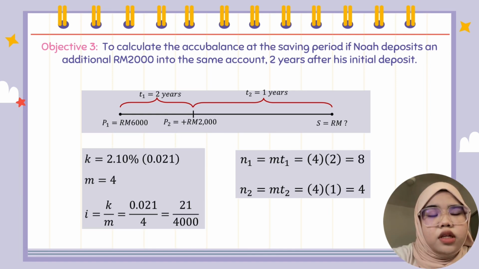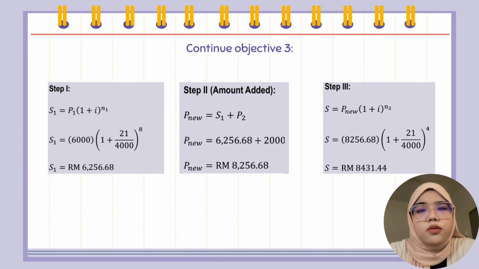The number of interest periods N1 equal to M multiplied by T1 equal to 4 multiplied by 2 equal to 8, and N2 equal to M multiplied by T2 equal to 4 multiplied by 1 equal to 4. Step 1, S1 equal to P1 in bracket 1 plus I to the power of N1. S1 equal to 6,000 in bracket 1 plus 21 over 4,000 to the power of 8. S1 equal to 6,256 ringgit 68 cent.